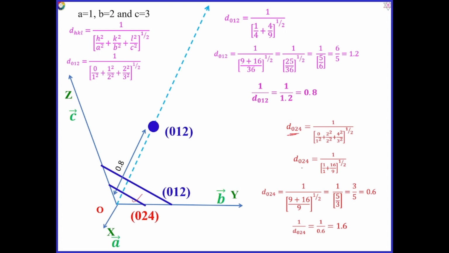The interplanar spacing will be 0.6 and the reciprocal will be 1.6, just double of this one. So the distance from the origin up to this much is 1.6, and here we are going to locate the point in the reciprocal space, which will be called your 024. This point is nothing but a reciprocal lattice point which represents the set of planes 024.